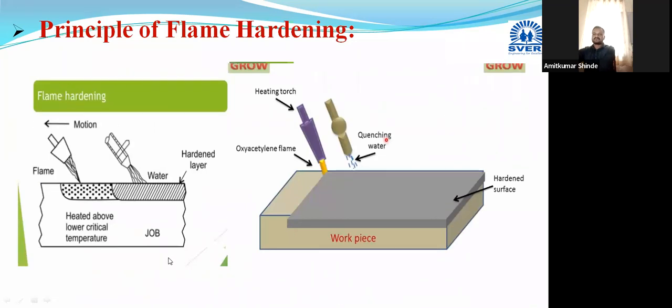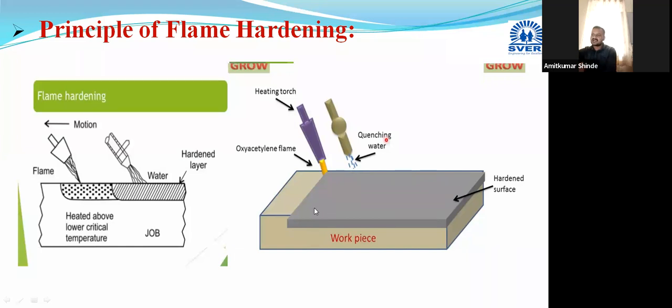Now I will explain this with the help of a diagram. This is the principle of flame hardening. Here this is the workpiece. With the oxyacetylene flame, the surface is heated above its upper critical temperature, and after heating it is quenched with water by spraying or by directly immersing the component into the water.